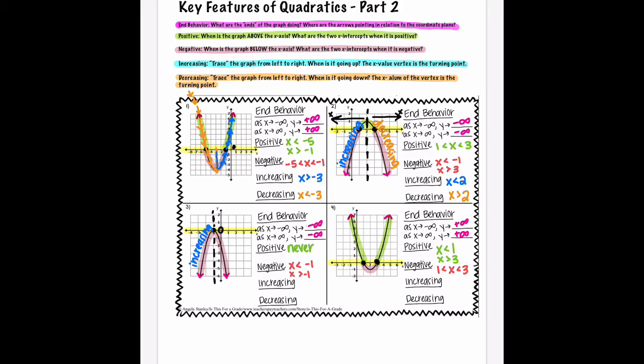So we're increasing on the left this time, when x is less than -1, and decreasing when the graph is past the vertex, going to the right. That's when x is moving to the right past the vertex, so that's when x is greater than -1.